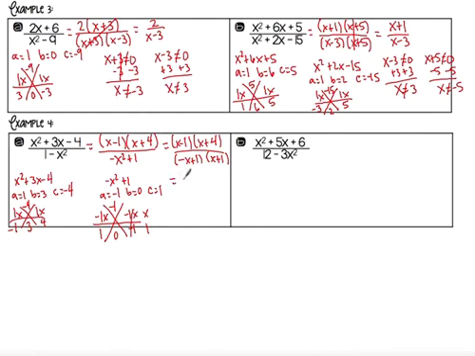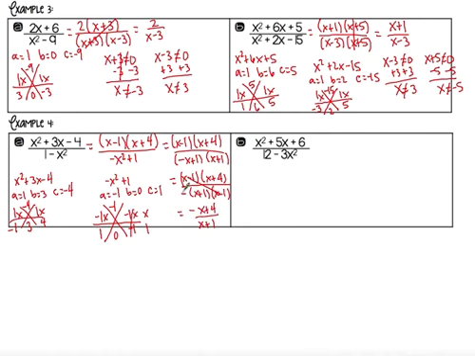So if I wanted to, I could take out a negative. If I took that negative out, it would make it x plus 1 times x minus 1. And so now I've got some things that will cancel, which will give me my final answer of negative x plus 4 over x plus 1.